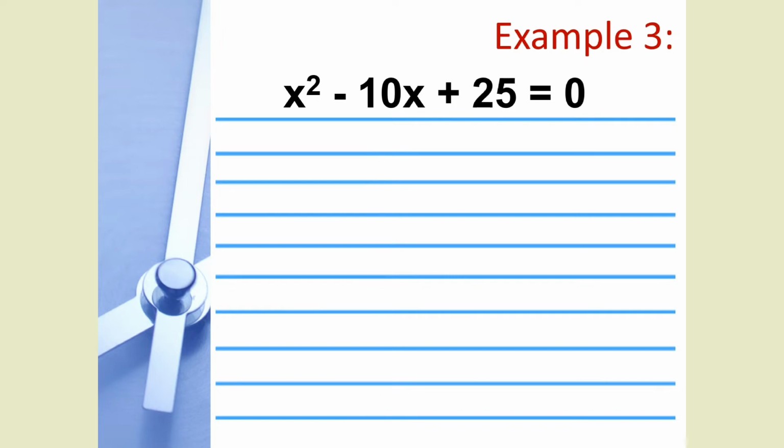And then, pag kinuha natin yung square root ng x squared, which is x, at kinuha natin yung square root ng 25, which is 5, and then, pag minultiply natin, x times 5, ay 5x, then dodoblehin, so 10x. Gitnang term ay 10x. So, dun pa natin malalaman na PST.